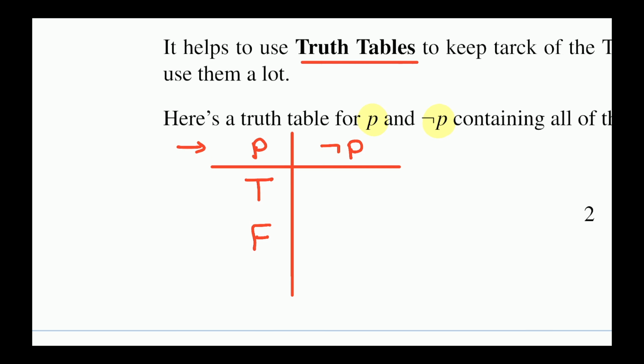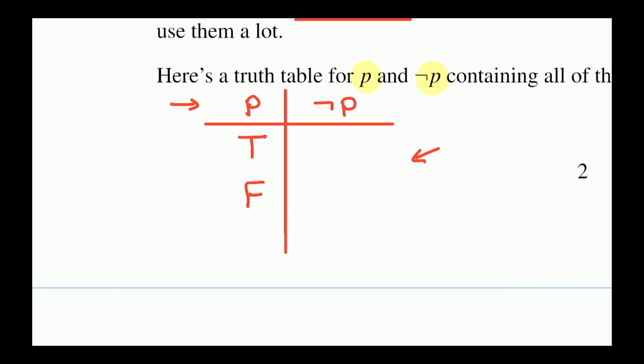And then once you have the truth values of P, you would say, okay, if the truth values of P are true and false, what are the truth values for not P, the negation of P? So we fill in the truth values for the compound statement.